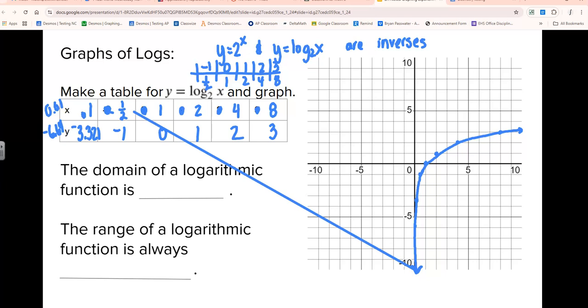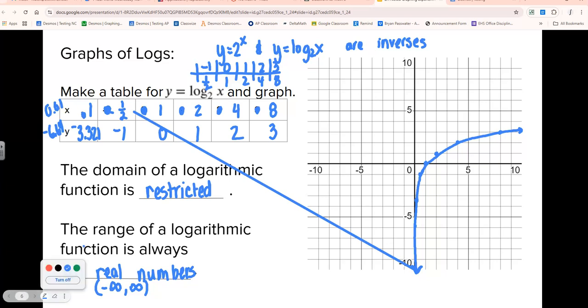All right, so the domain of a log function is going to be restricted. The range is always all real numbers, or negative infinity to infinity.